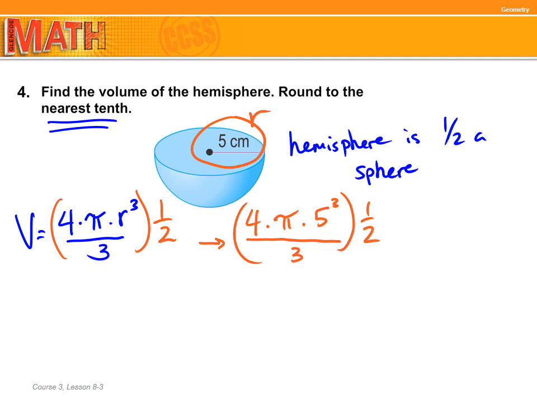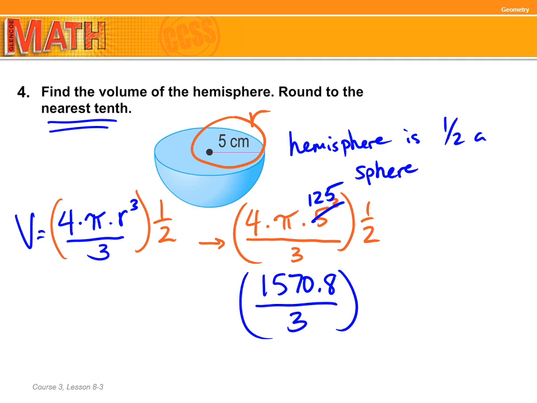So we know that 5 cubed is 125, so let me cross that out. Now on my calculator, I'm going to take 4 times pi times 125, which is 1,570.8. We saw that number in the previous example. Divided by 3, and again multiplying by 1/2.